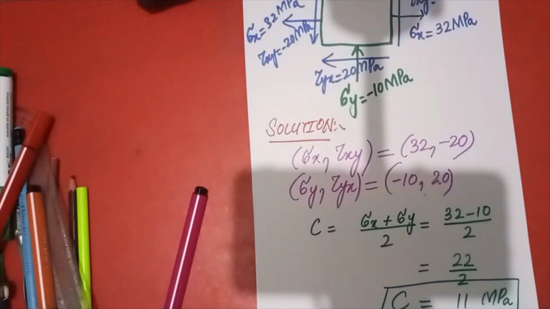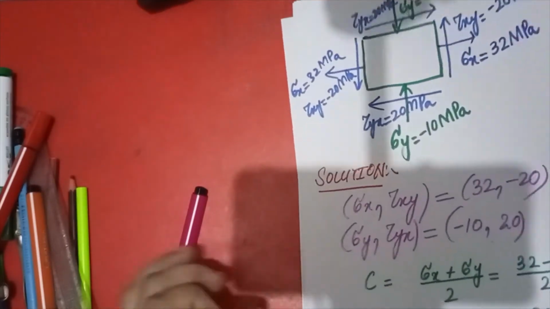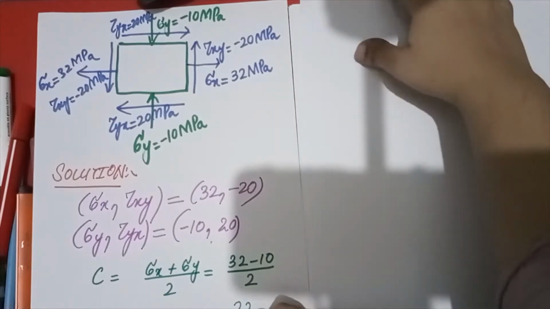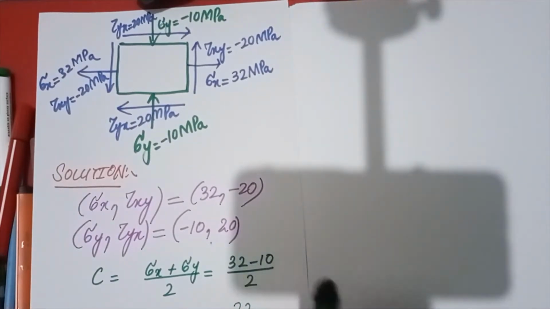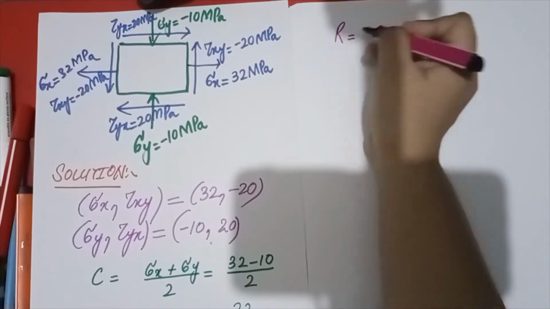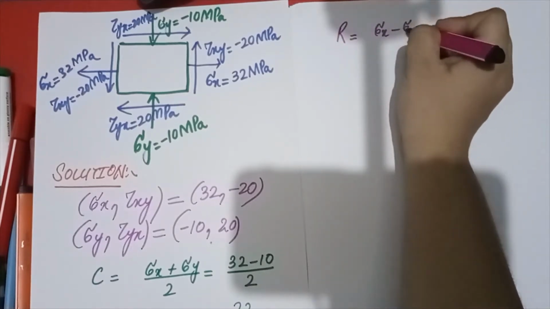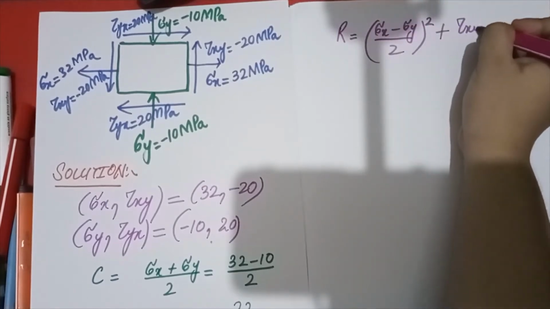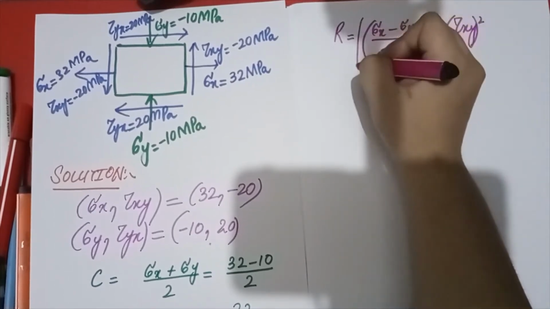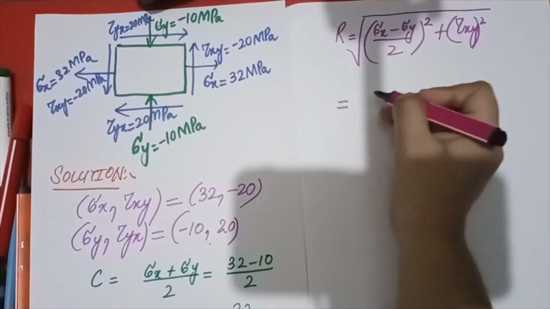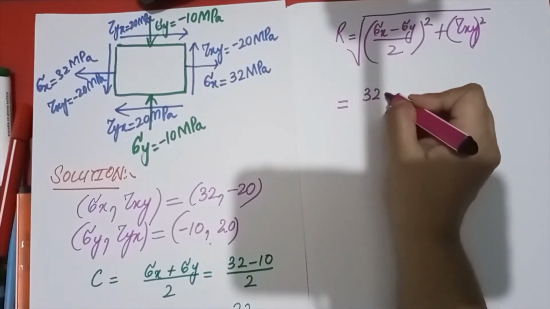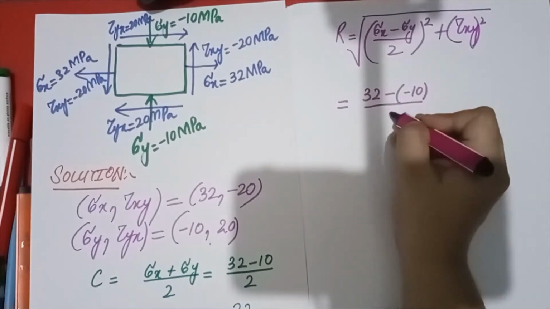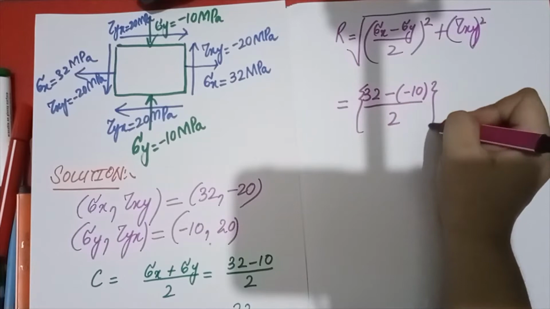So now what I am going to find in the next step is the value of R. R is equal to the square root of sigma x minus sigma y divided by 2, squared, plus tau xy squared. This is by Pythagoras theorem. Sigma x is 32, minus minus 10, divided by 2, squared.